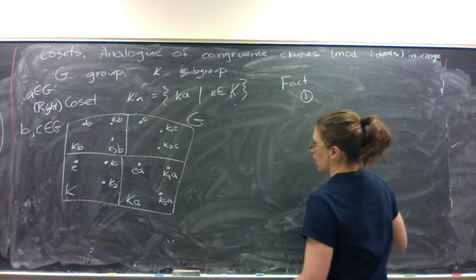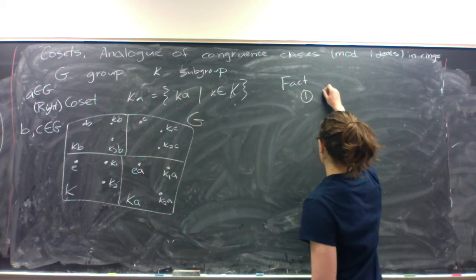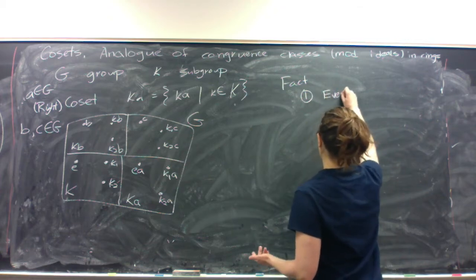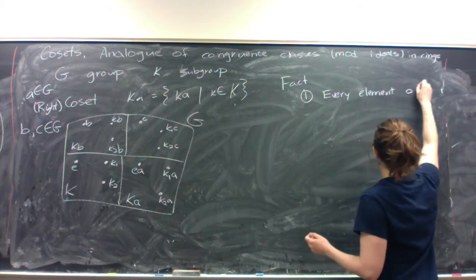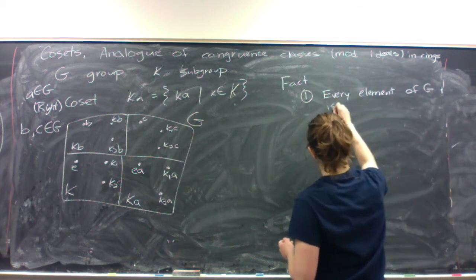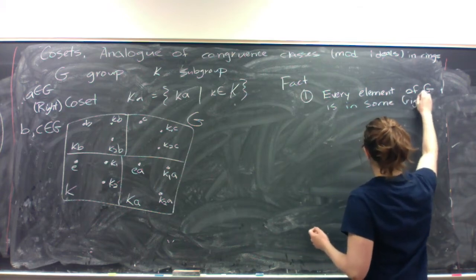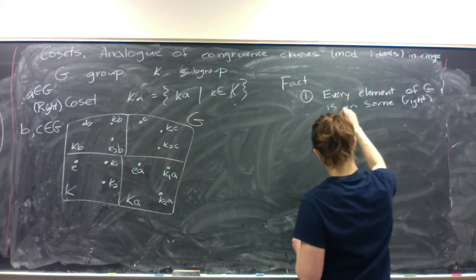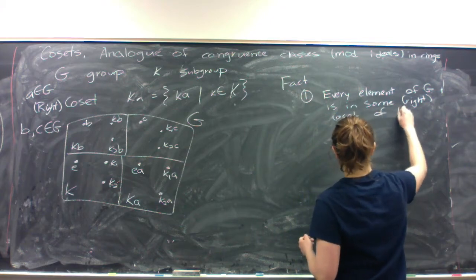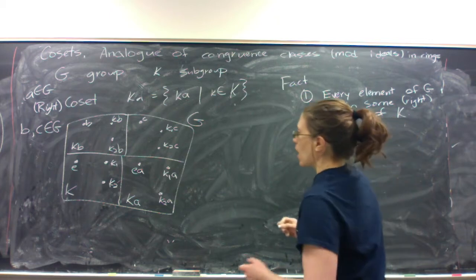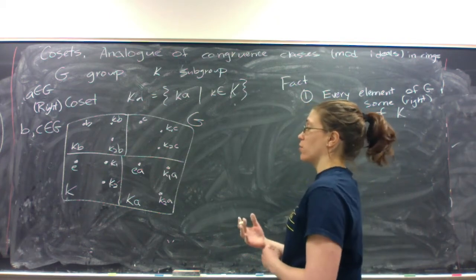Fact 1, every element of G is in some right coset of K. And then another fact is that every element of G is only in one right coset.